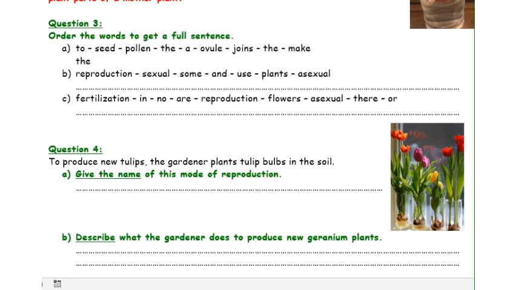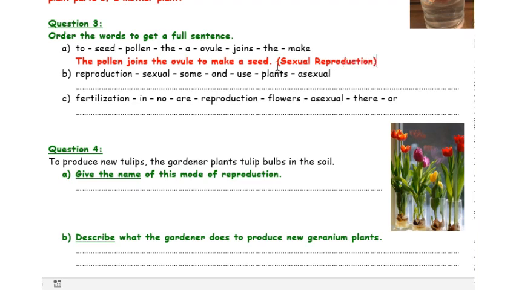I will say the pollen joins the ovule to make a seed. Okay, so this is the sentence. The pollen joins the ovule to make a seed, and here we're talking about sexual reproduction in flowering plants.